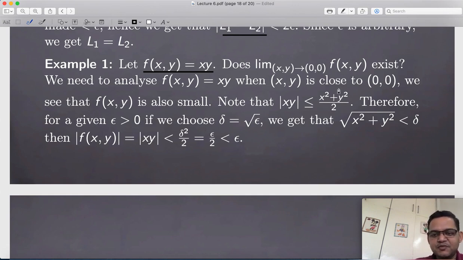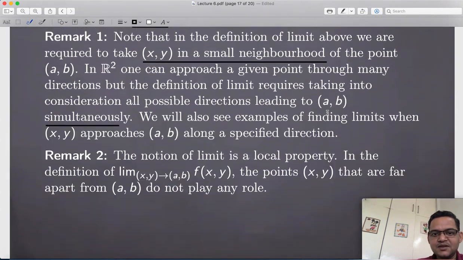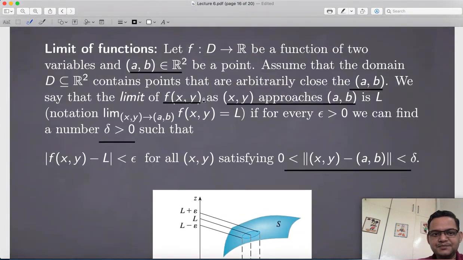And what I want, just look at the definition. So apply the first principle. You want to find, for a given epsilon, a delta. Now here the point is (0, 0). So |(x, y)| is just the square root of x squared plus y squared.